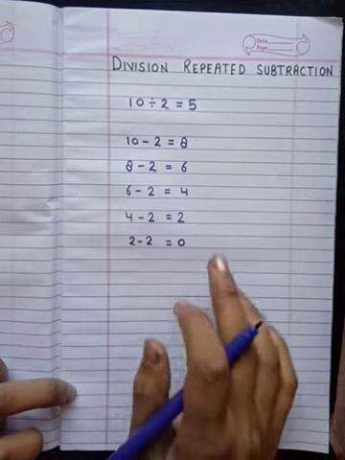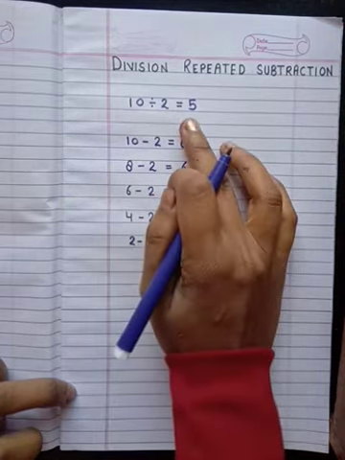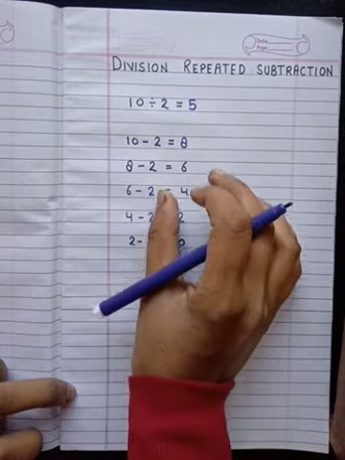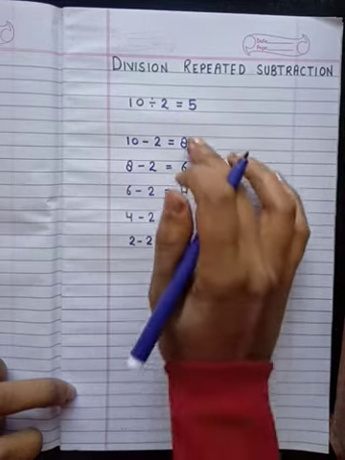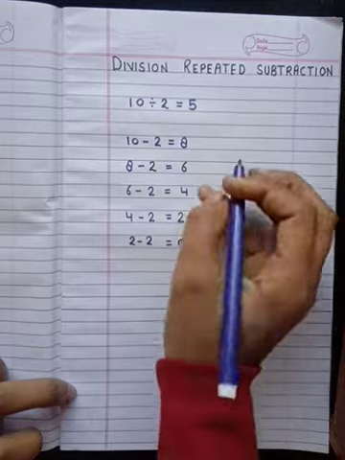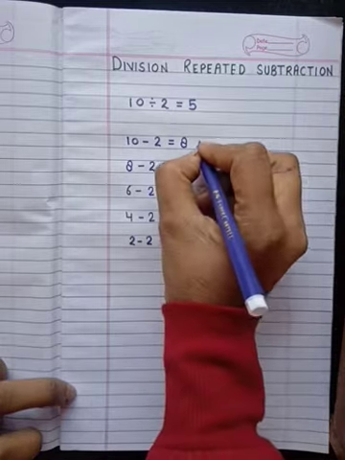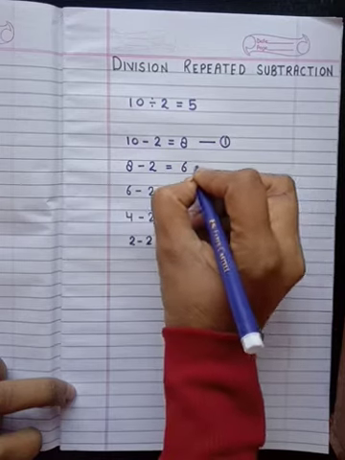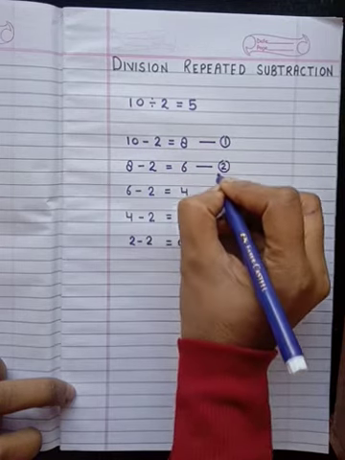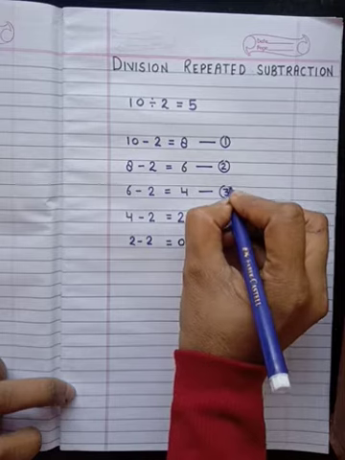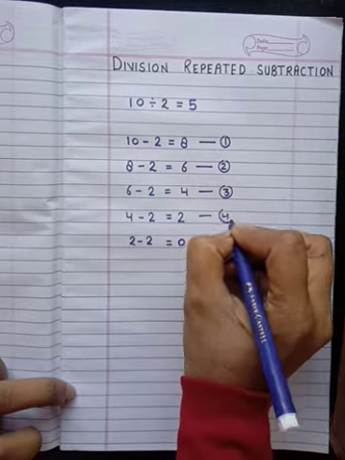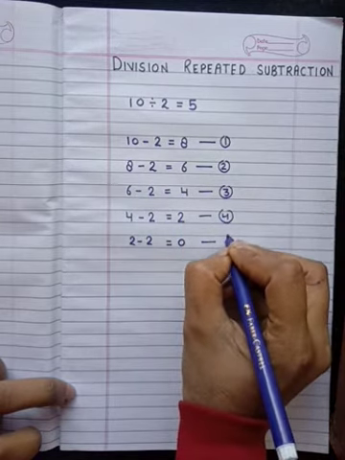Now let's count how many steps we have taken to go through this. Let's count the steps, students. Step number 1, 2, 3, 4, and step number 5.